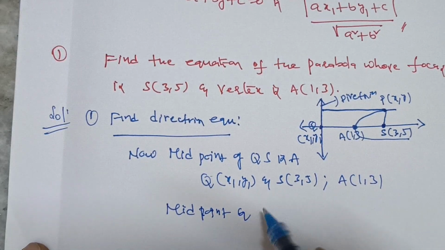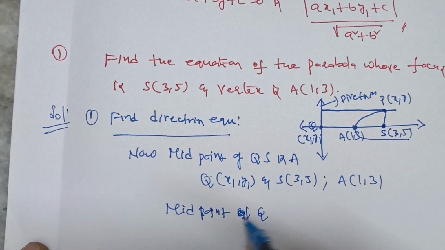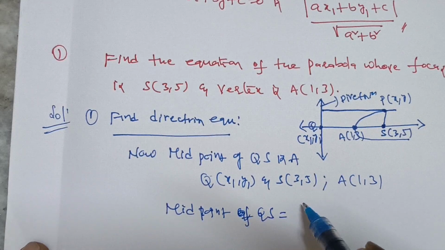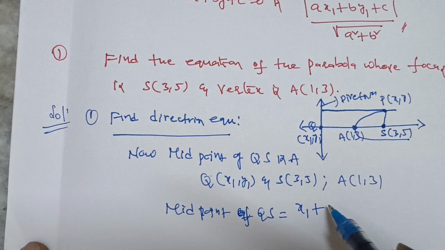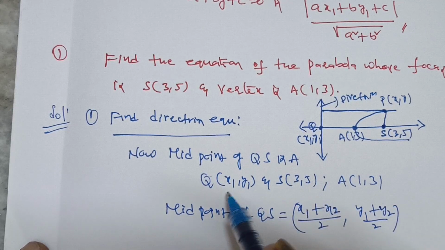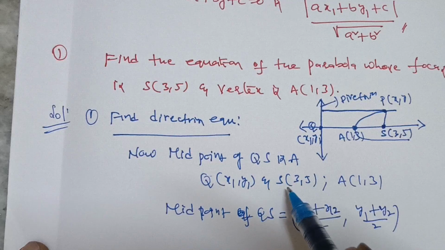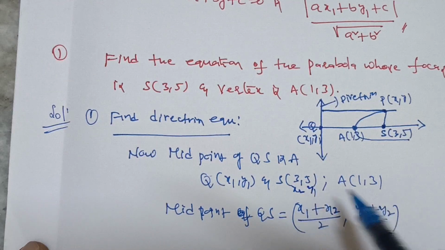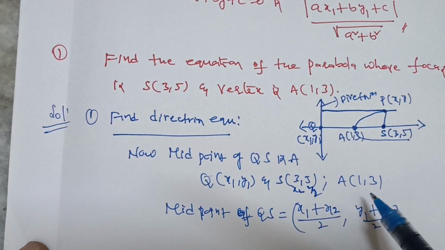The midpoint of QS equals ((x1 plus x2) by 2, (y1 plus y2) by 2). Assume this is (x1, y1) and this is (x2, y2), which equals the midpoint here.